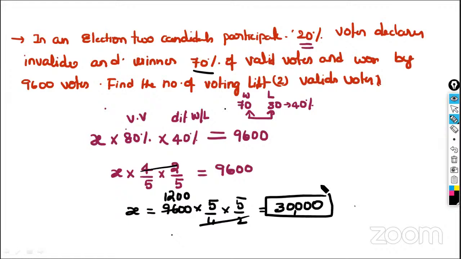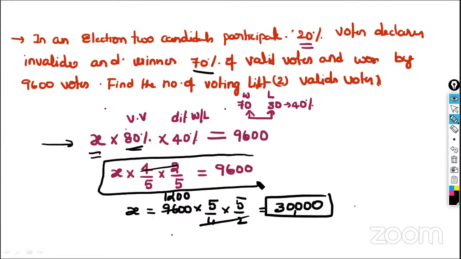Is everything clear? I will explain once. X. He was told that 20% of votes were declared invalid. That means 80% valid votes. So there is no need to write this step in the examination. You have to write only one step.